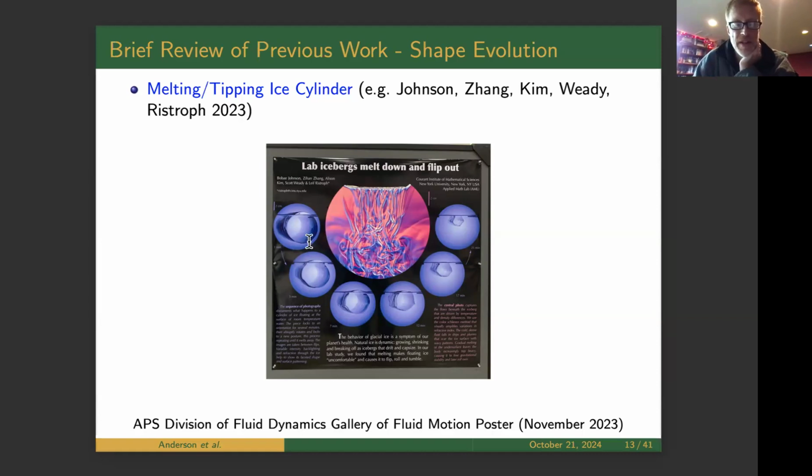And what you see is that this nice cylindrical shape evolves to something that's pretty irregular. Eventually it disappears in this experiment, but there's some interesting dynamics along the way. And of course, there's some interesting fluid mechanics of the melt fluid coming off this melting object.